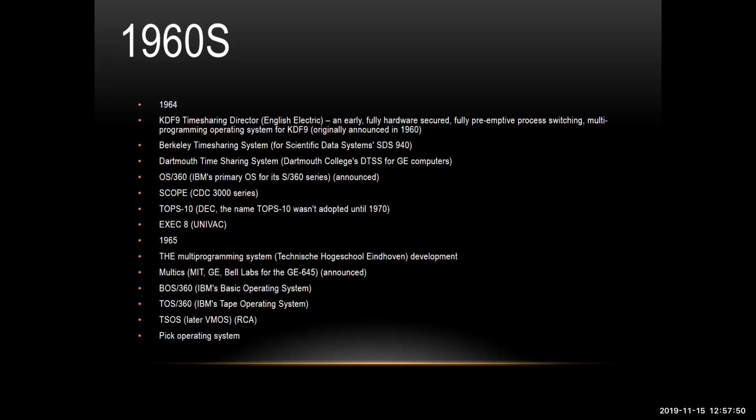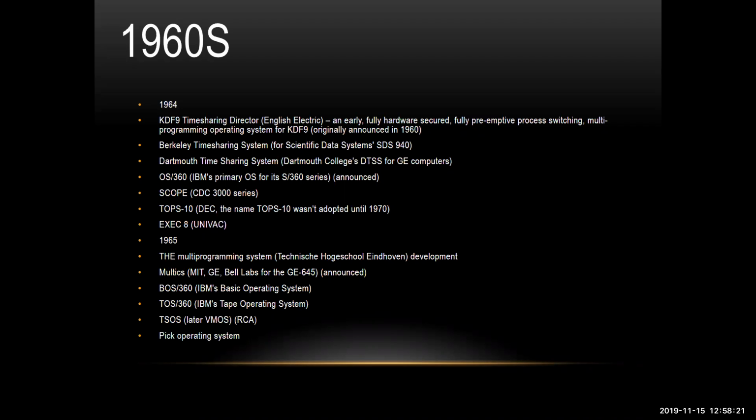And then in 1964, we had the KDF-9 time sharing director. It's an early British computer designed and built by English Electric. The first came into service in around 1964, and the last of 29 machines was decommissioned in 1980 at the National Physical Laboratory.